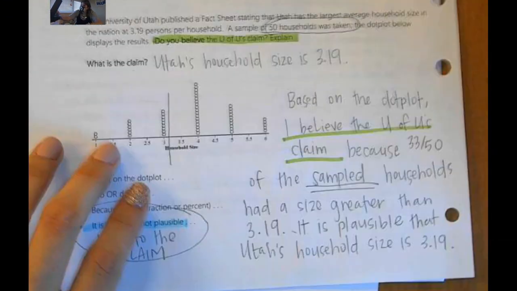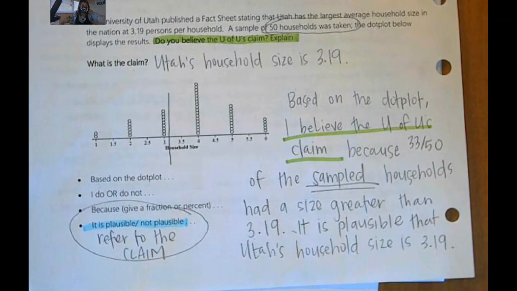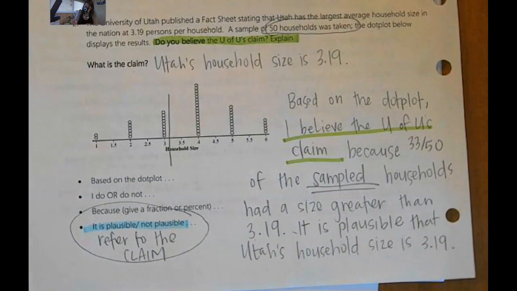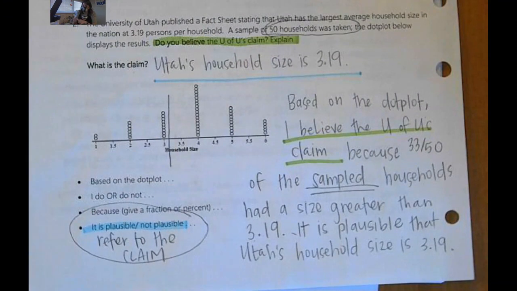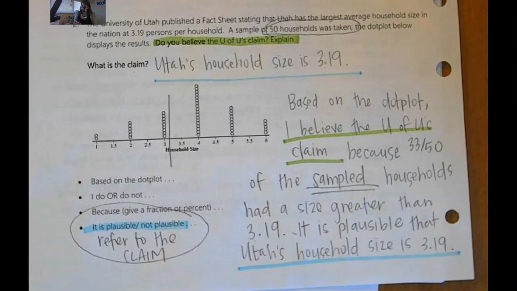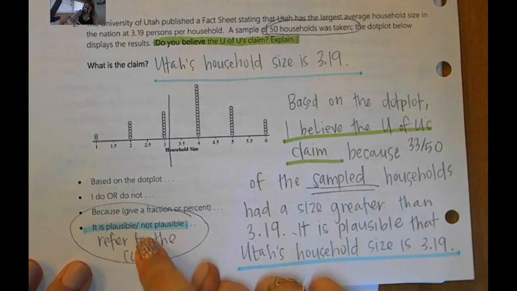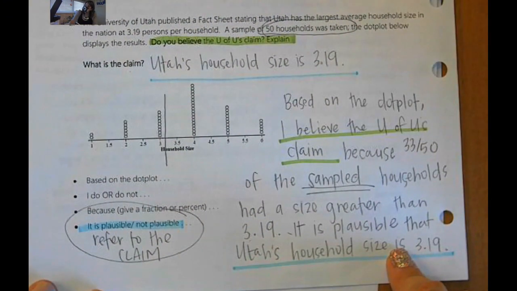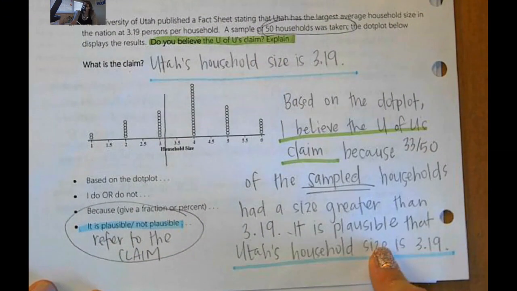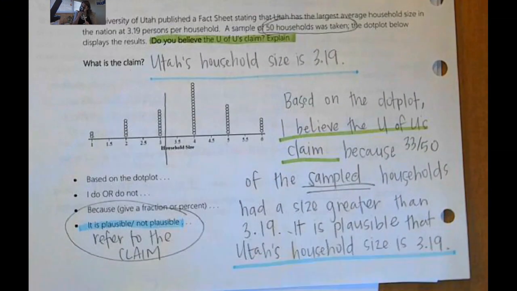And then I'm going to highlight the information that matches. So right here, I said that this refers to the claim. This is the claim. I am specifically writing the claim in my response. So these three blue sections that I have highlighted go together. That's why I've put them all in the same color.